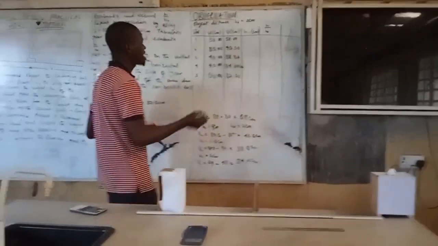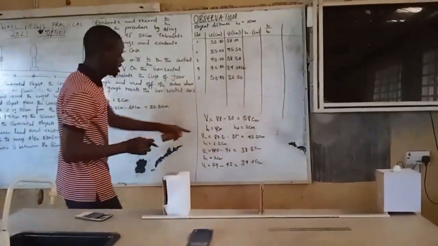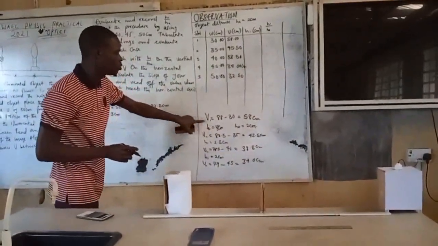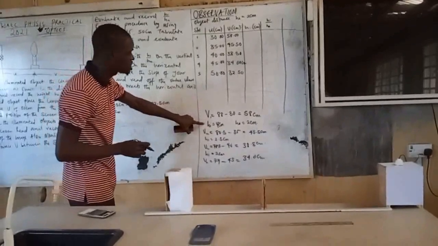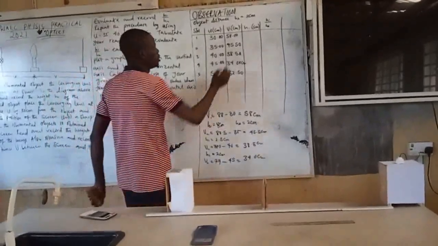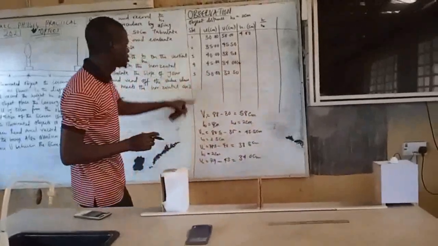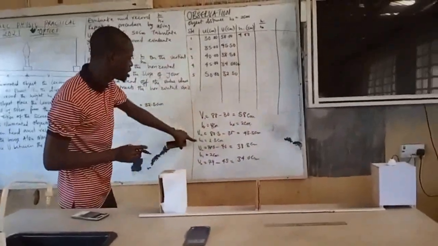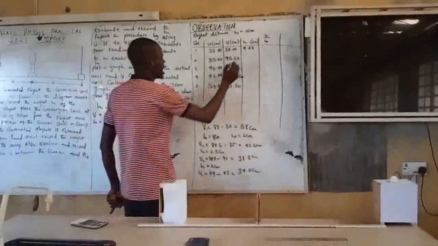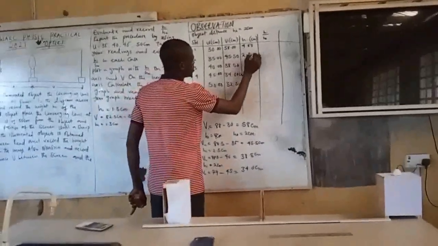Now from here, my hi can be calculated. Hi equals 4 centimeter; we measure the height of the image initially to be 4 centimeter. So here should be 4.00. Now, when the distance is 35, the height of the image is 2.5 centimeter, so I have 2.50.